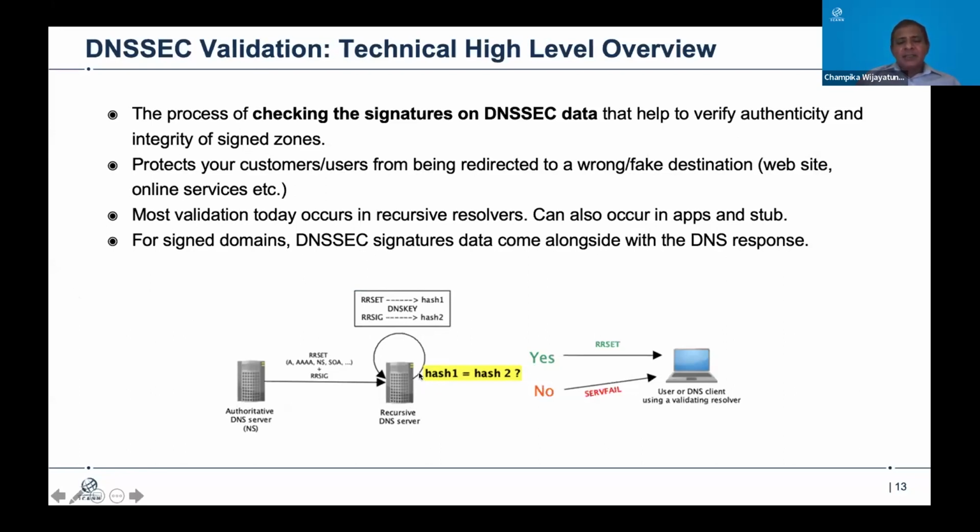If the hashes are not matching, the answers are not sent to the client. So the client would not go to a wrong website or a phishing website and so on. That's the validation process. I told you who should be doing this: ISPs, mobile operators, and so on. If you are running recursive servers, caching servers, or resolvers, you should be doing this.